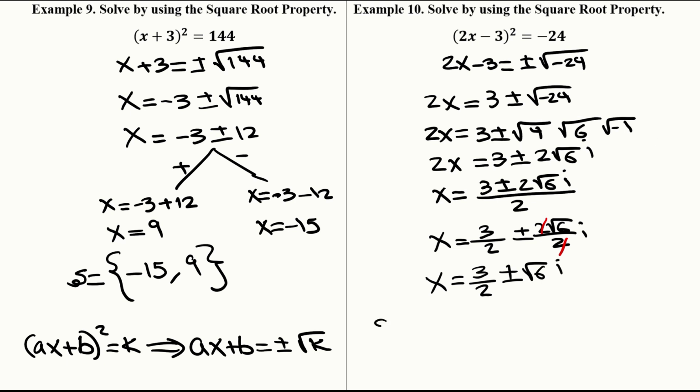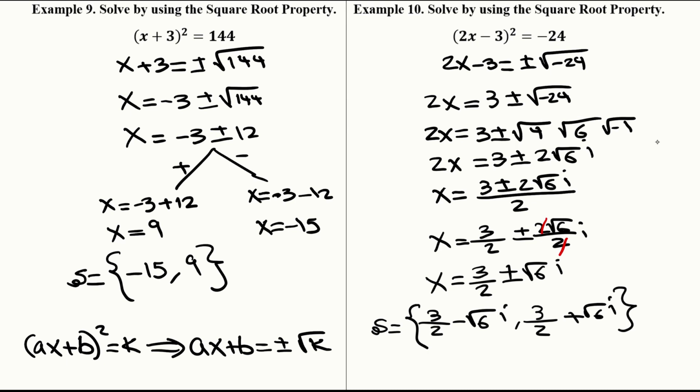And we go ahead and write our solution set as containing 3/2 plus or minus. Let's start with the minus, doesn't make much difference. Radical 6i and 3/2 plus radical 6i.